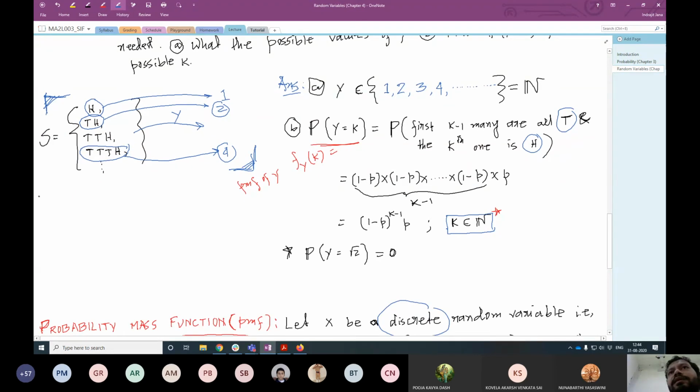And before that, let me describe what this model is. In this model, you are counting the number of trials needed to get the first success.